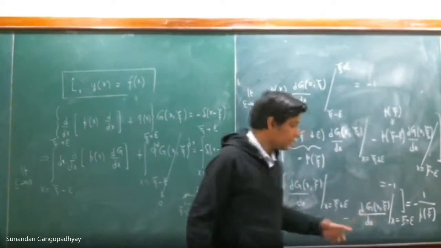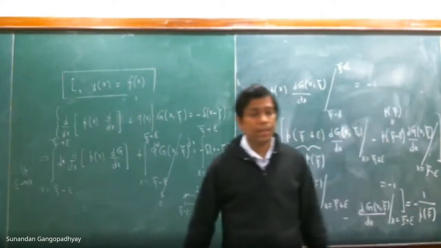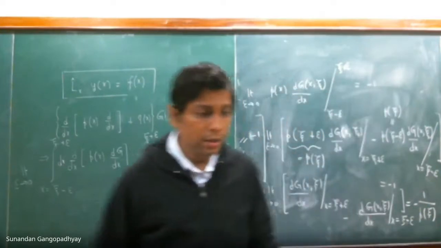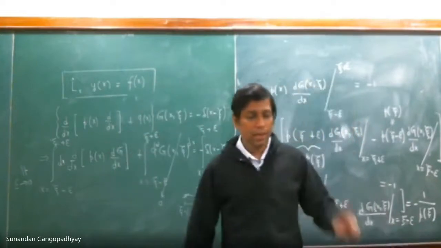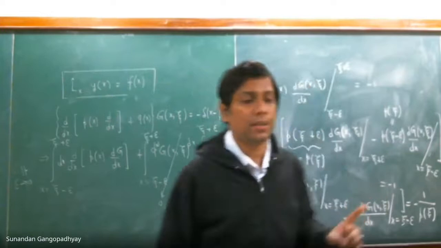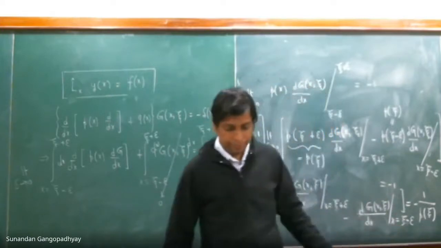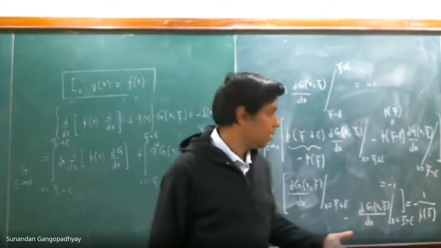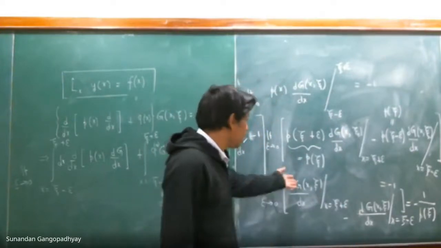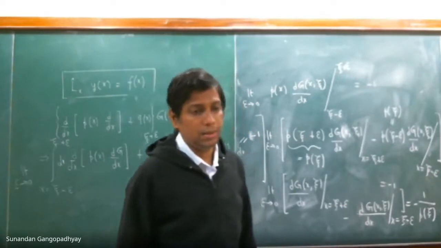They are basically equal to minus 1 by p of xi. Therefore, the derivative of the Green's function g is not continuous at x is equal to xi. So we have derived one of the properties of this Green's function. We need to find out something more, and from that condition we can actually calculate the form of this function g, and this we shall do in the next class.